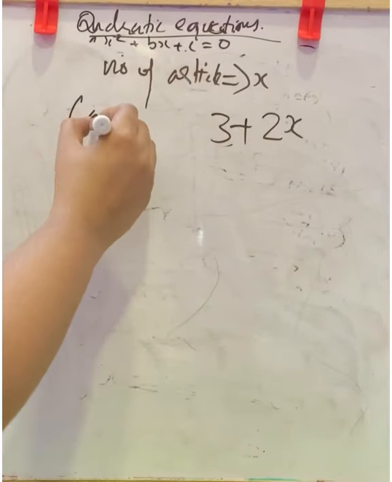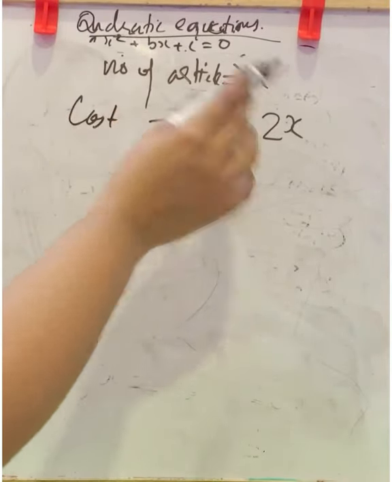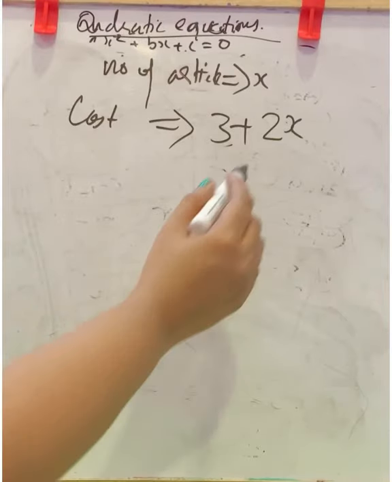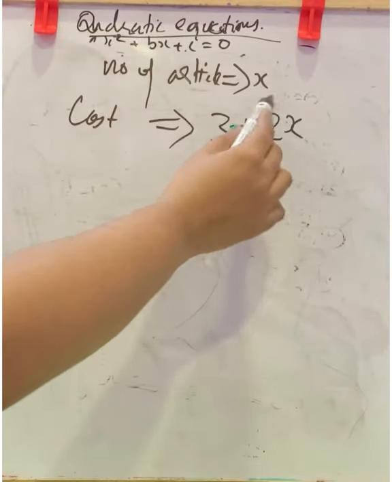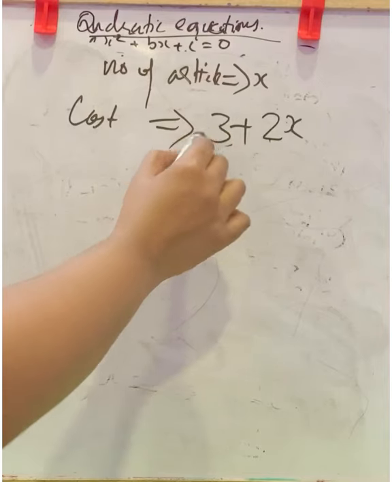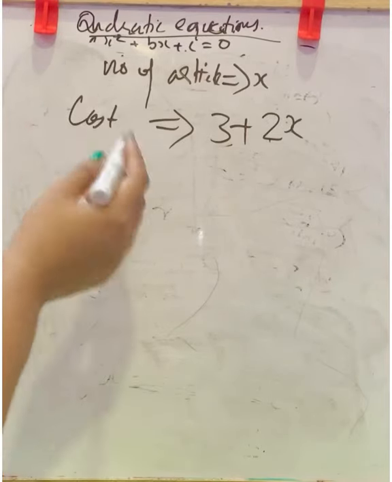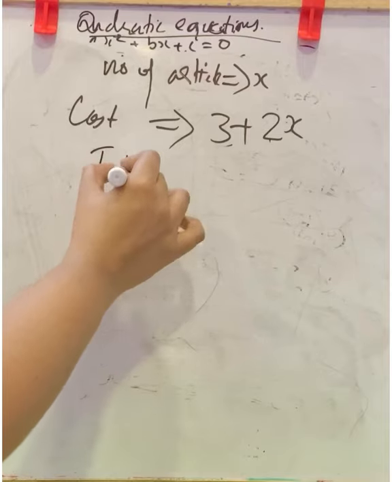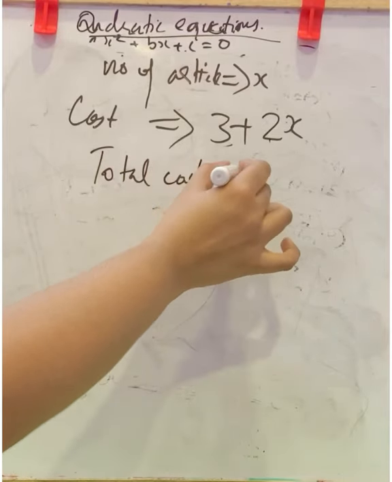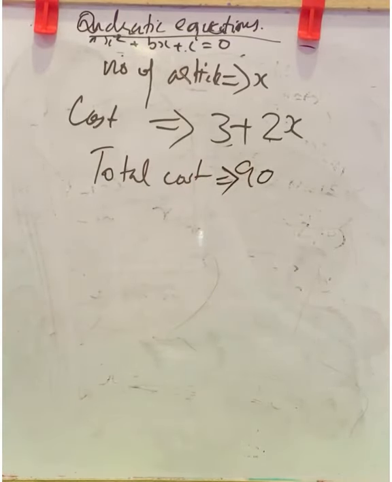So the cost is 3 plus 2x, that is twice the number of articles and 3 more than it. So we will write 3 plus 2x. Now the total cost is 90 on that day, and we need to find the number of articles produced on that day.